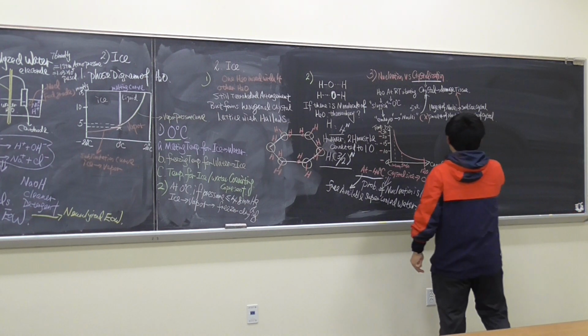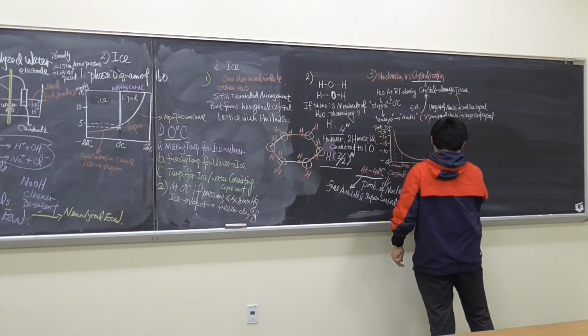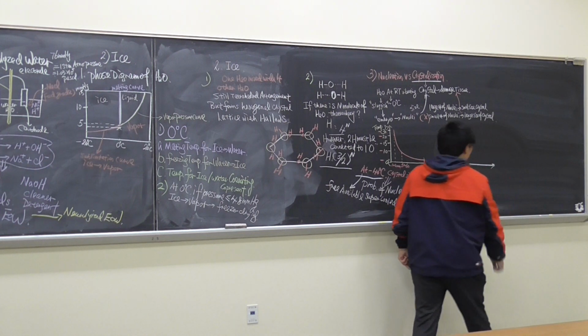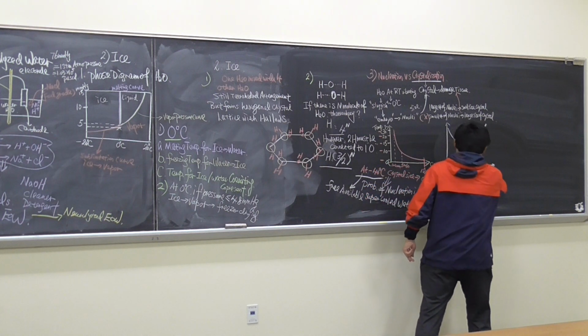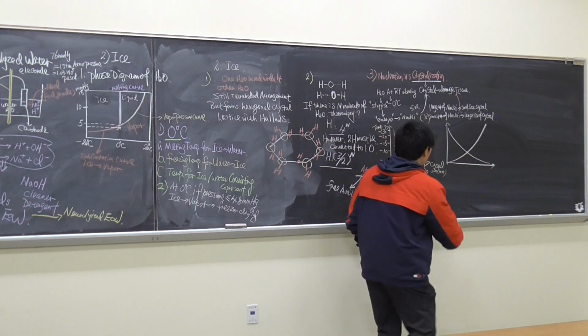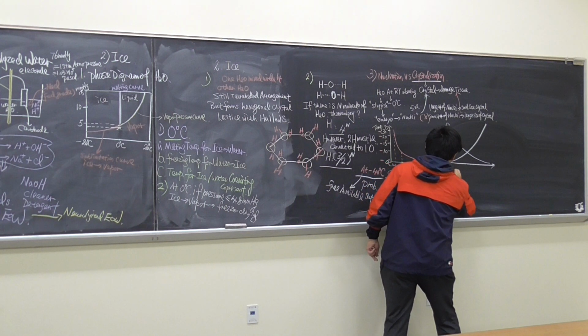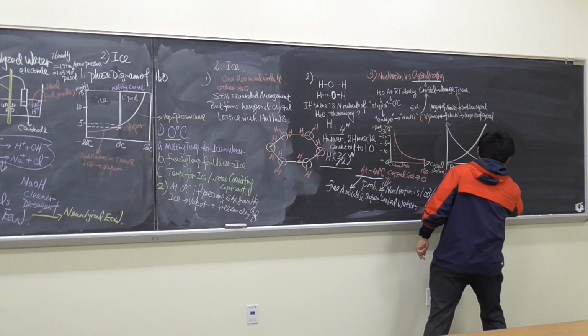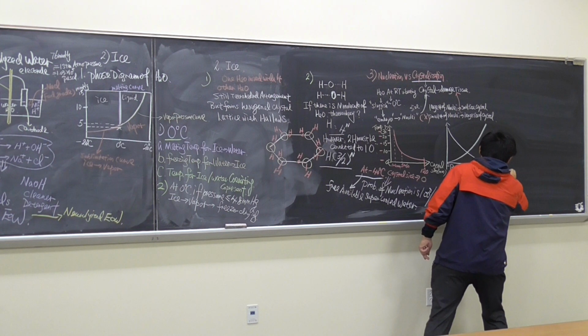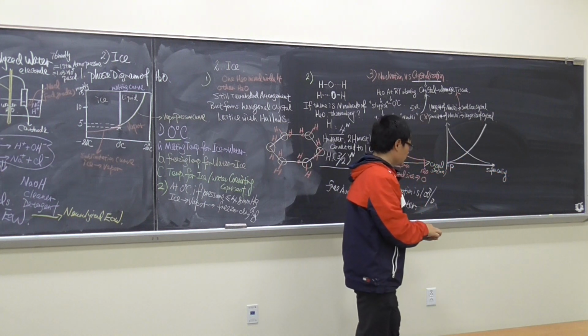This comes out with another curve. This curve looks like this. You go down. This is the freezing point, and this is what we call supercooling. What happened?